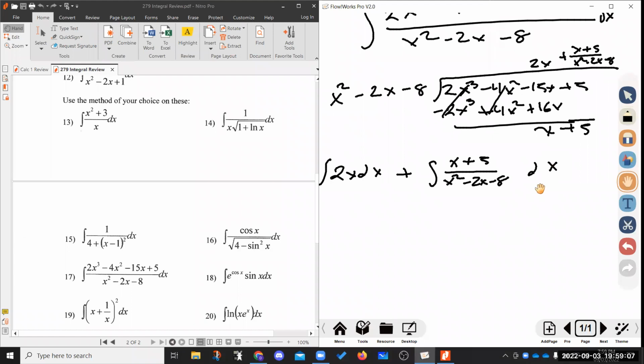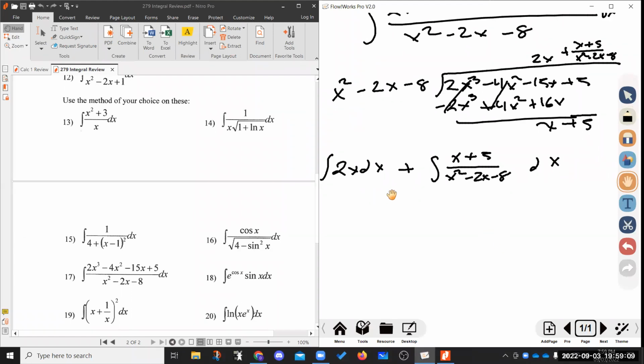Can do this a couple of different ways. So I'm going to split this second integral now. This one's just going to be x squared plus, and this is going to be, I want to get, no, I'll do partial fractions.